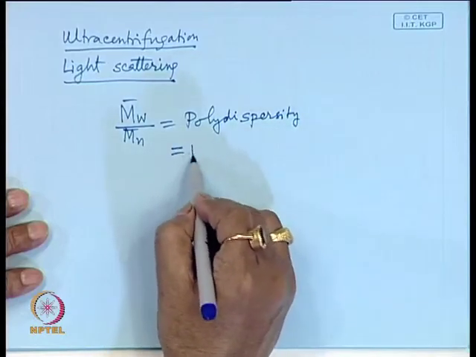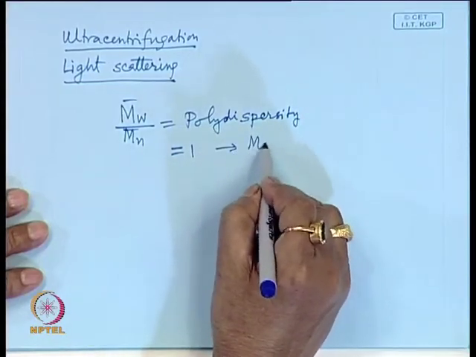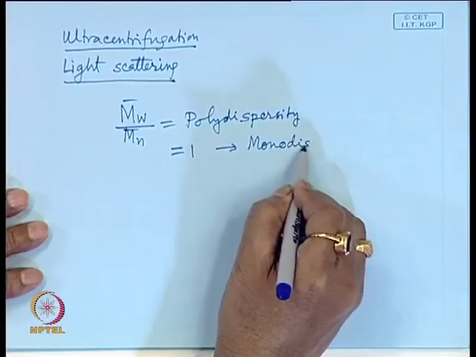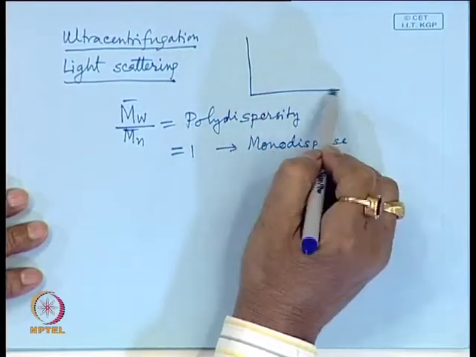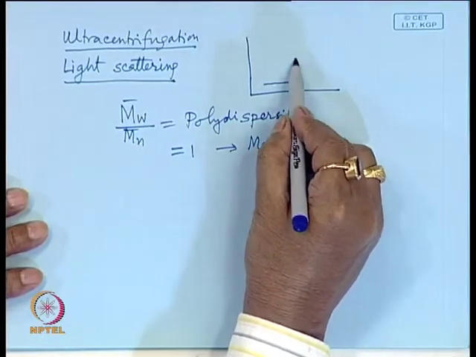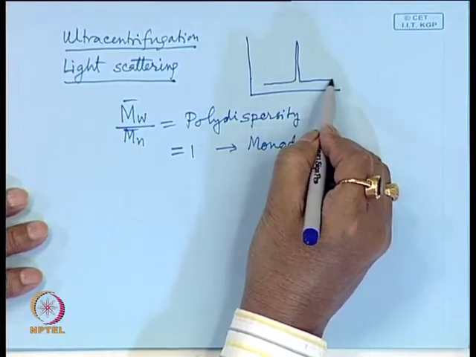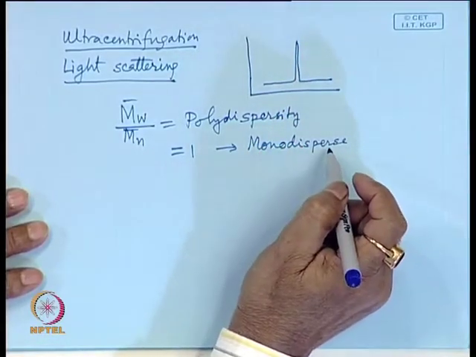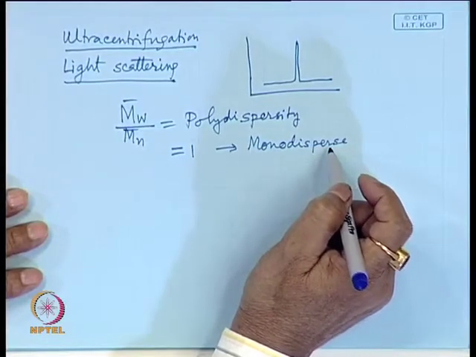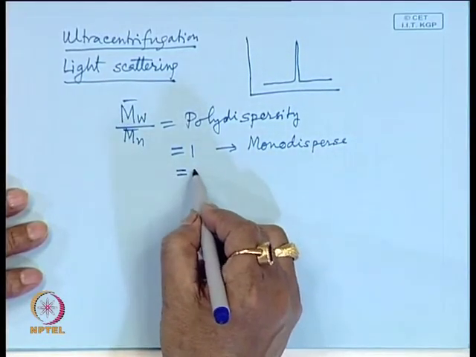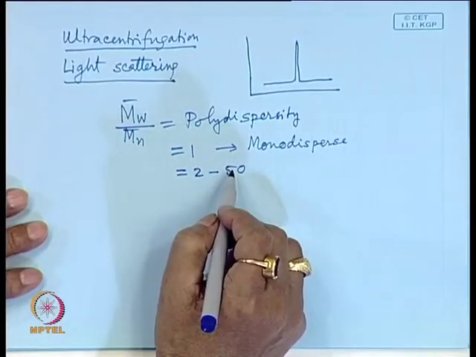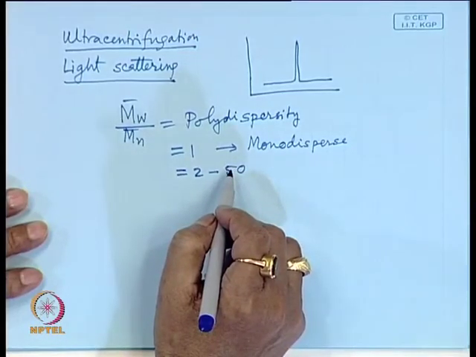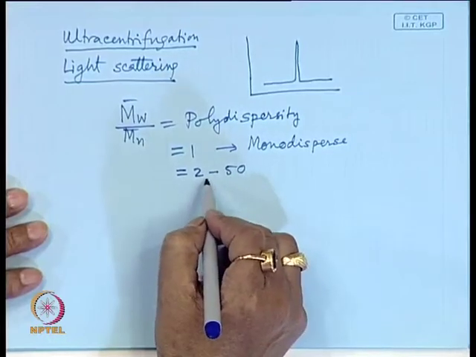If this is equal to 1, this is known as monodisperse. In that case, the distribution curve will look like this, very sharp, monodisperse. Now, if it is more than 1, polydispersity can range from 2 to 50, suppose.